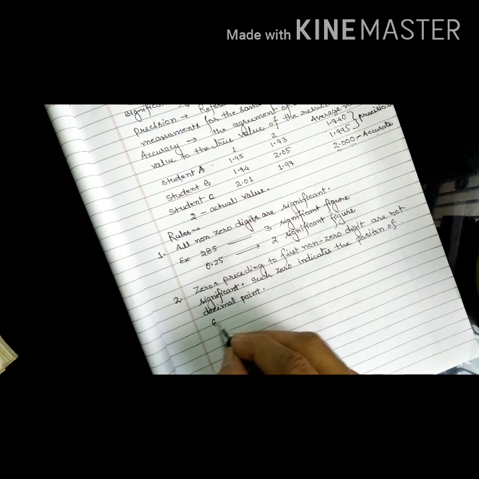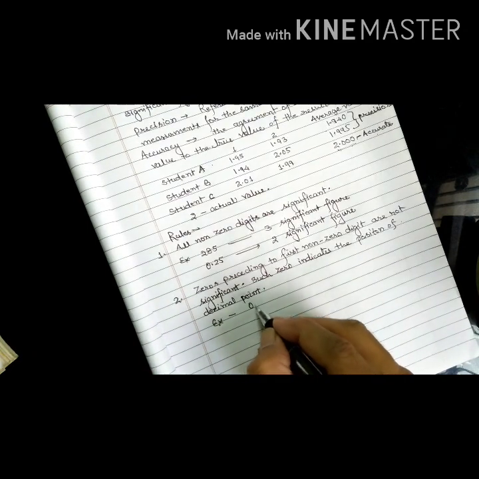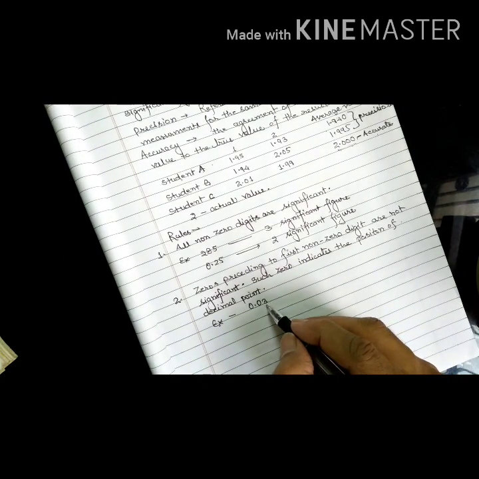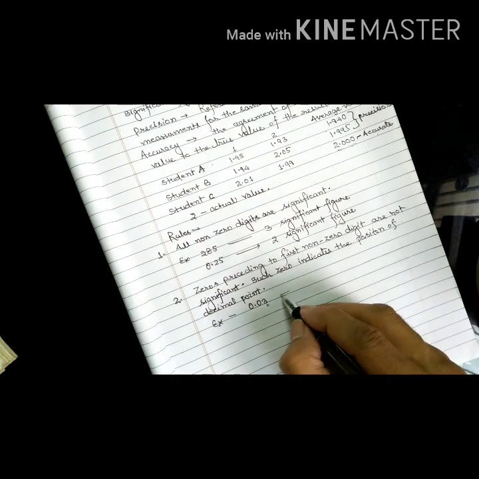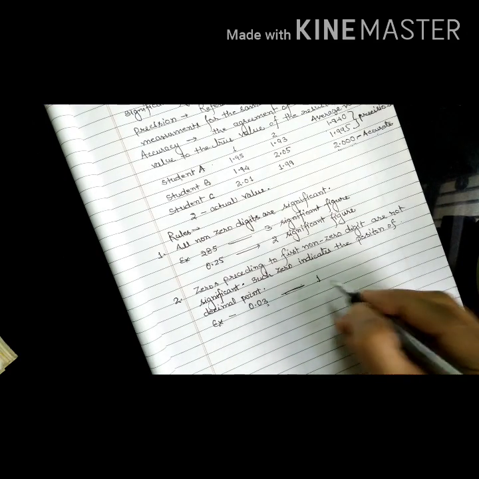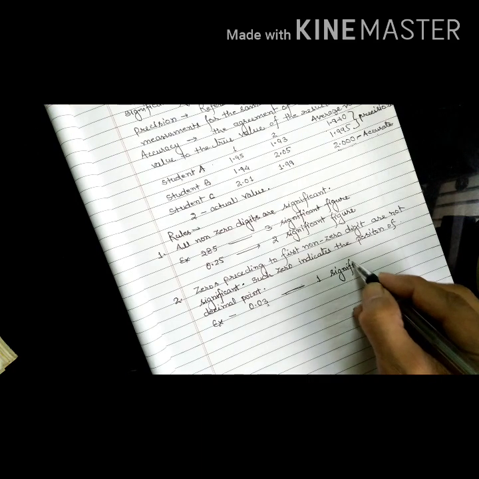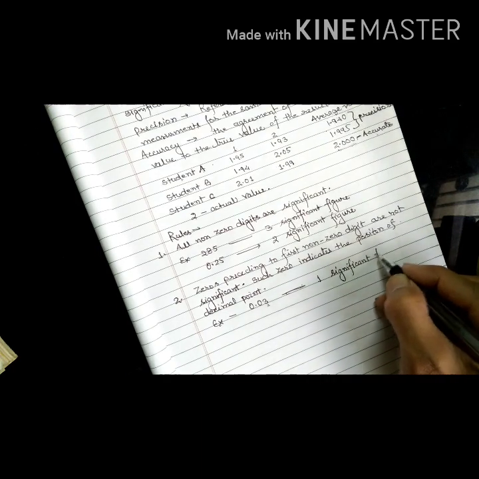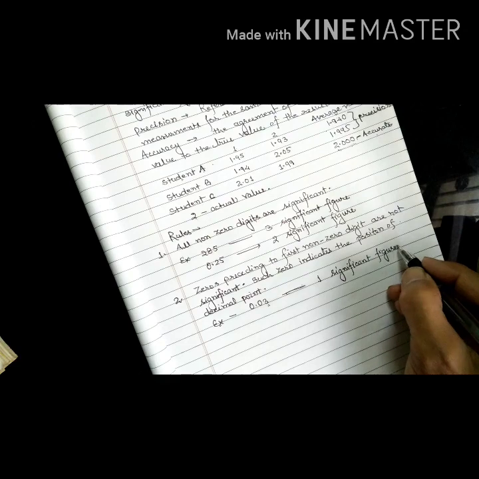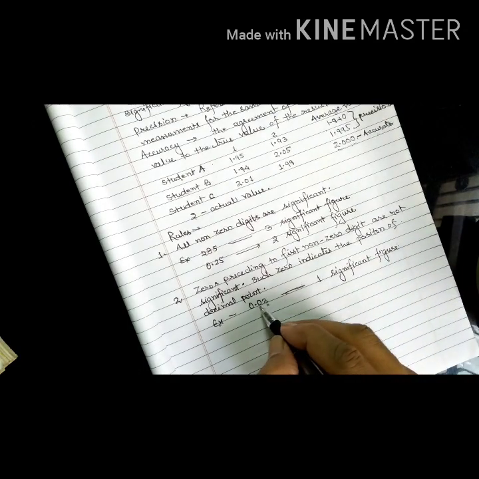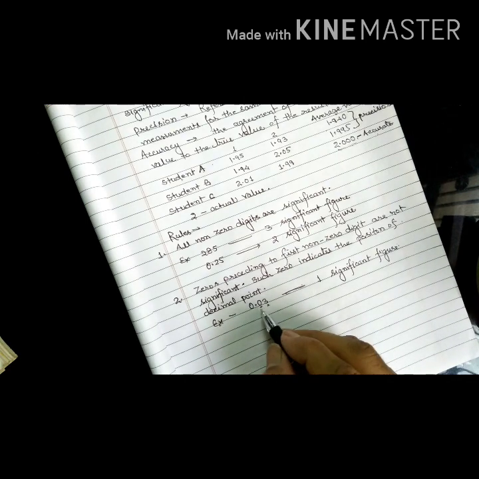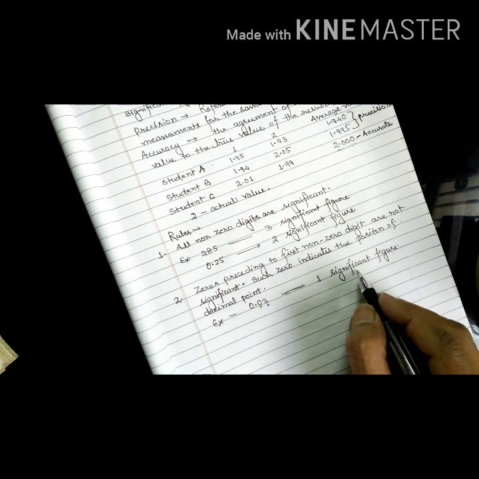Let's take an example. 0.03. It has only one significant figure, because this 0 indicates only the position of the decimal point, that is 0 is not significant, only 3 is significant.